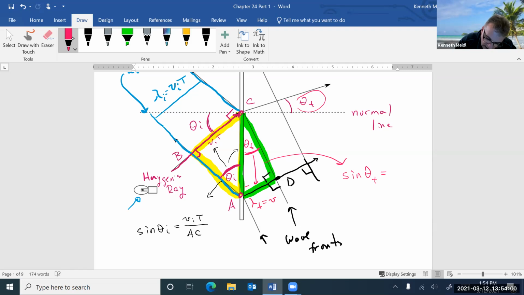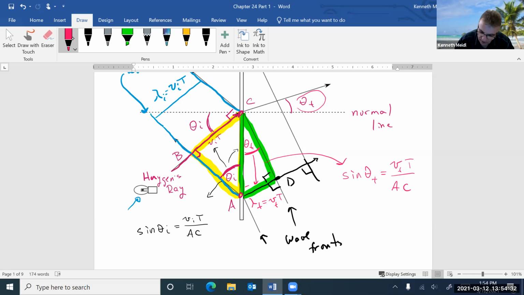So that's the velocity of the wave in that material times the period, all over the hypotenuse in that green triangle, which is A over C. Now I'm looking at the geometry in the yellow triangle and the green triangle, trying to work the incident angle and the transmitted angle into this somehow.